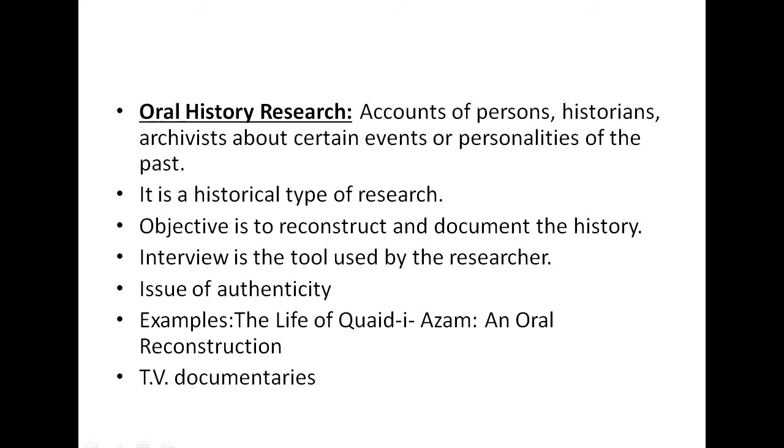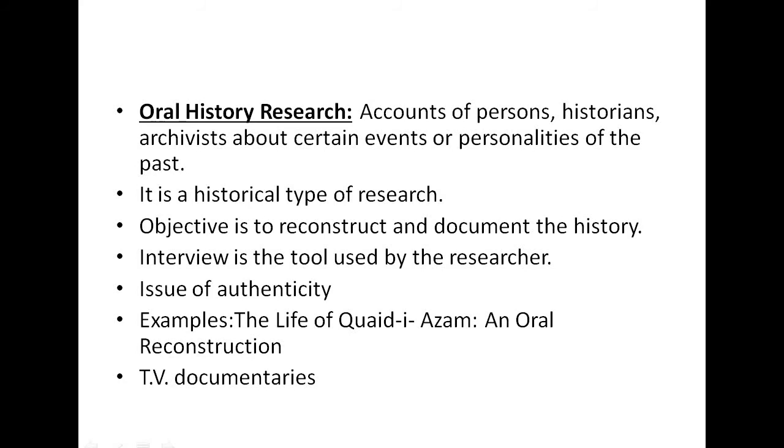Naturally, this is a historical type of research. And what is the object and purpose of such kind of research? The objective is to reconstruct and document the history, or redocument the history through these oral tales and stories, feelings and sentiments, emotions.